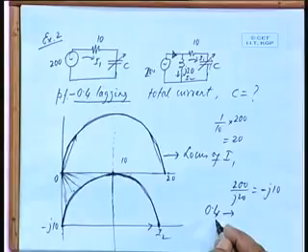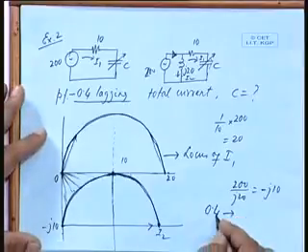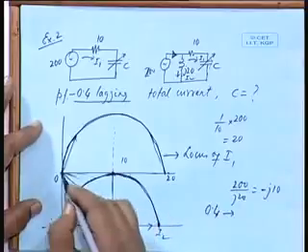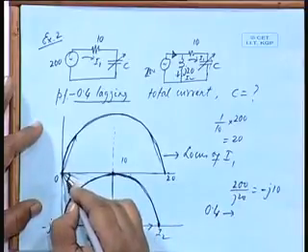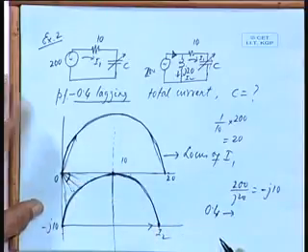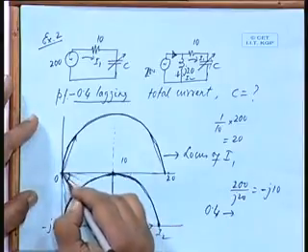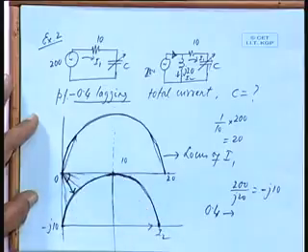Sin inverse of 0.4 is approximately 23, 24 degrees. So, 90 minus 24 is about 76 degrees, a very crude approximation. So, draw 76 degrees here, that is cos inverse 0.4. So, this is the current.